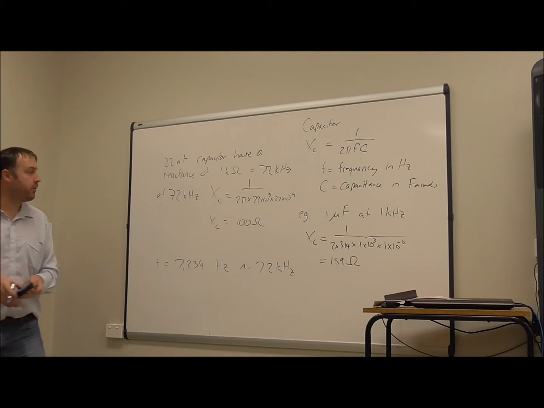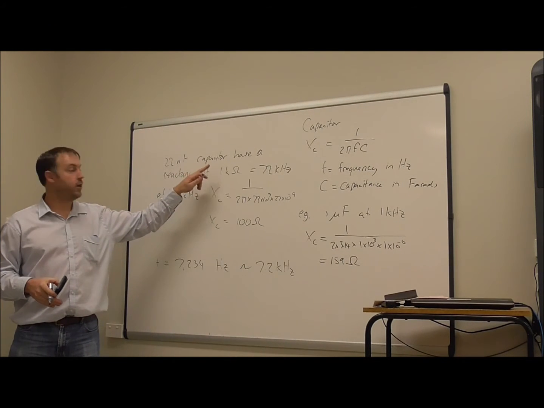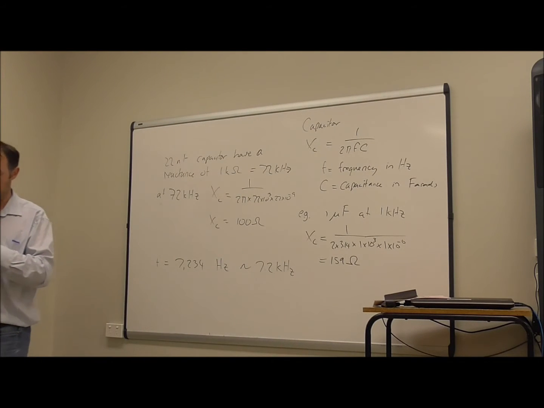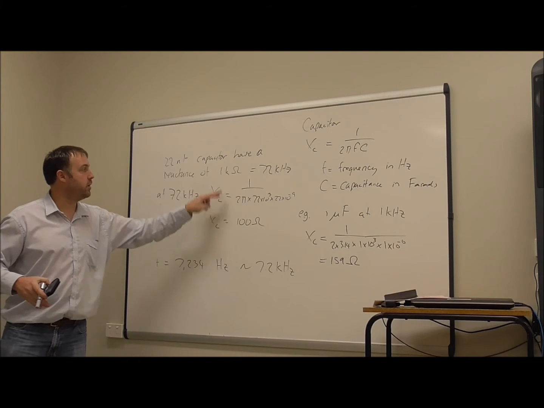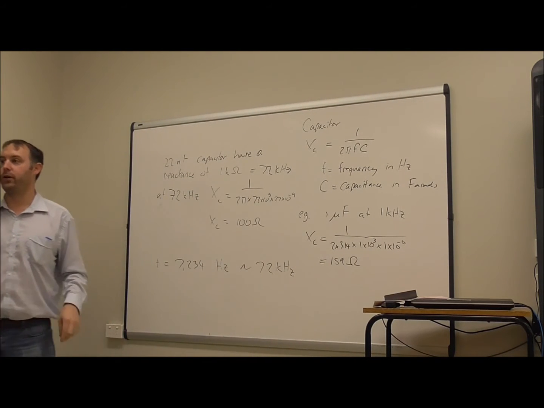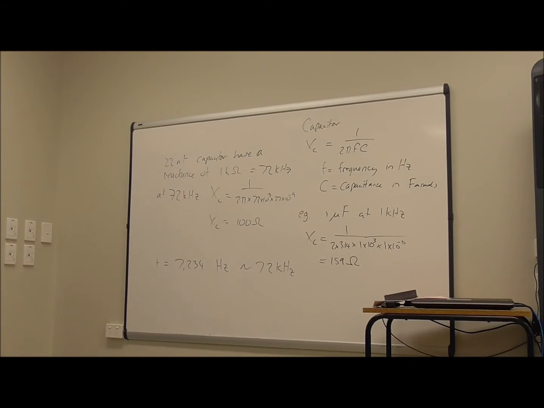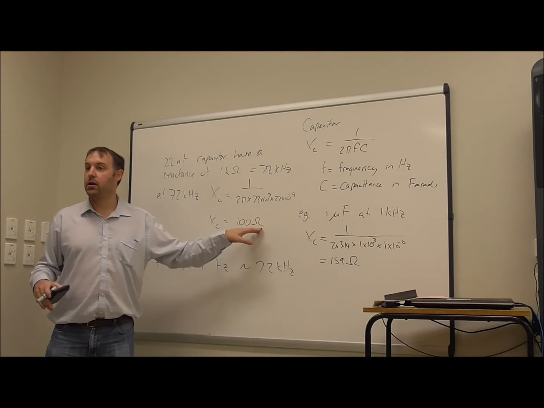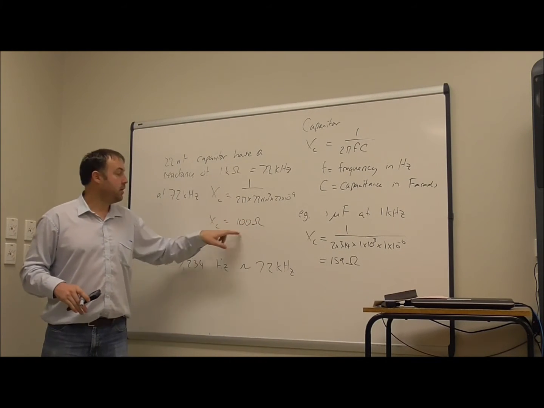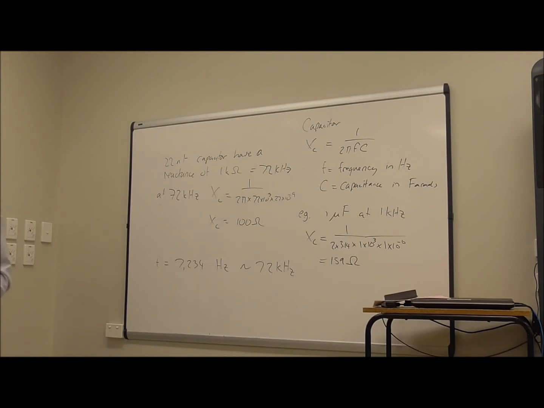So you can see that the reactance here is 1/10 of what it was when the frequency is 10 times bigger. That kind of makes sense, doesn't it? So there's an inverse relationship between the reactance and the frequency. If I increase the frequency, we're going to decrease the reactance.